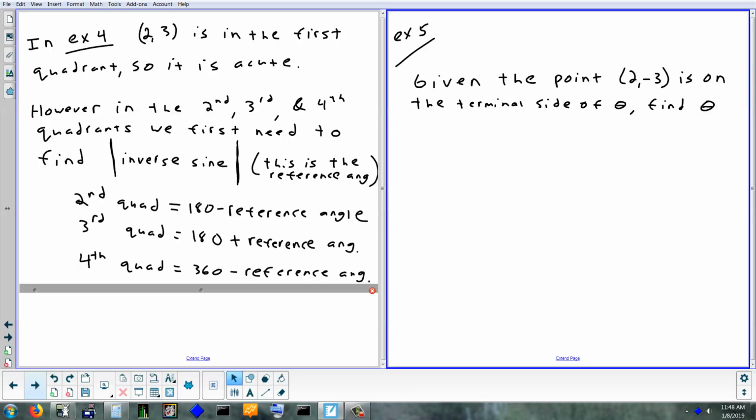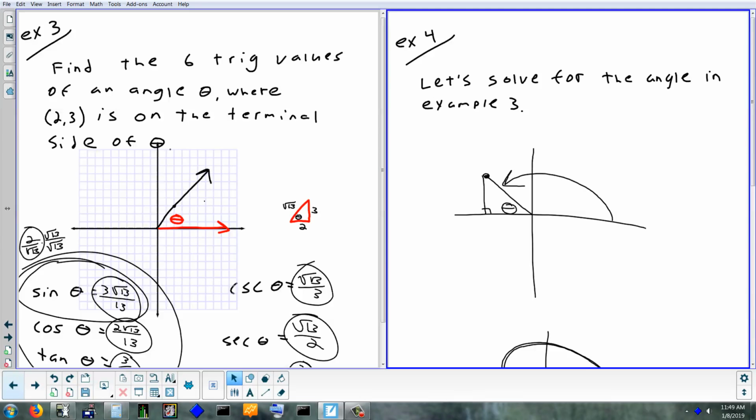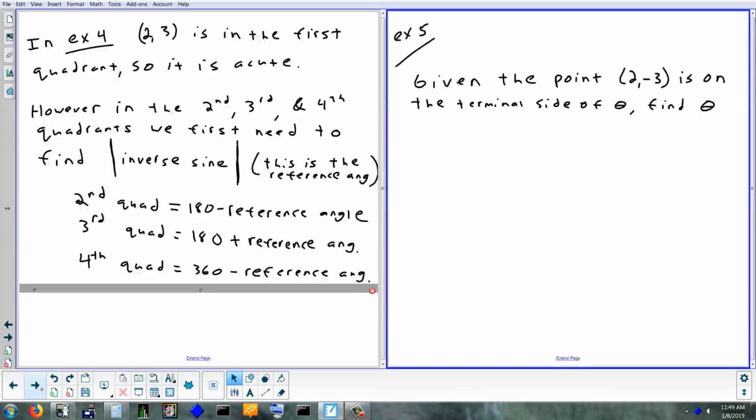Okay, so let's try the same thing. It's pretty much the same coordinate, so we should already know what inverse sine is going to come out to, because we just did it. Well, 56.3, I think it was somewhere. All right, but let's just go through it, pretend that we don't know.